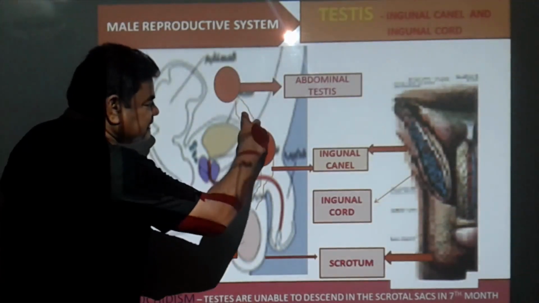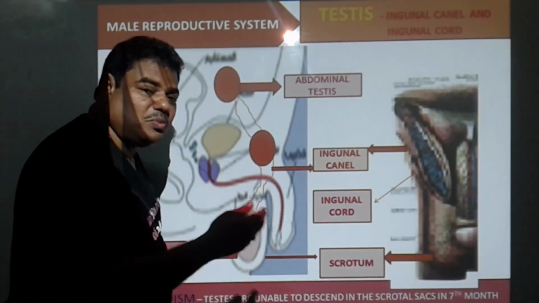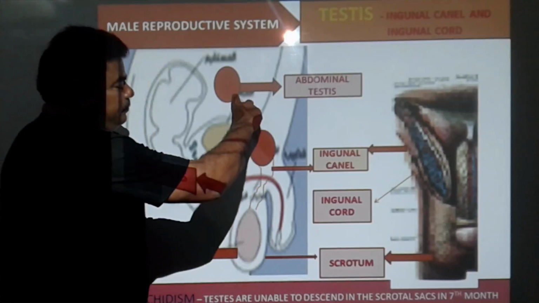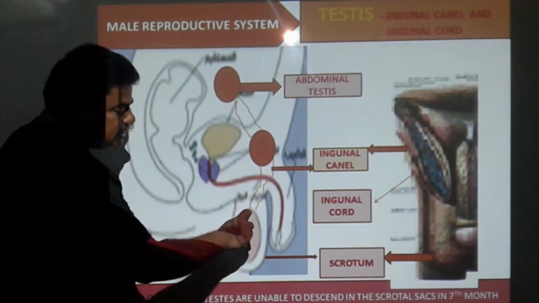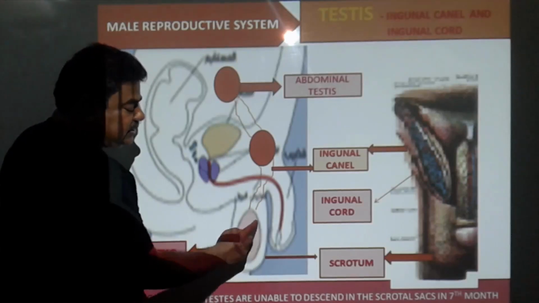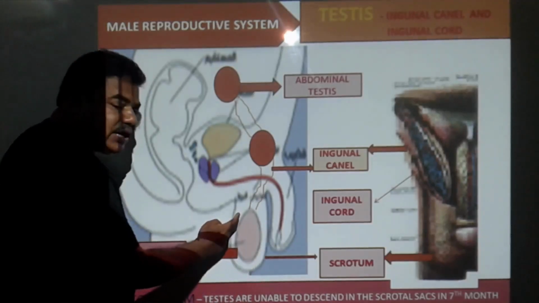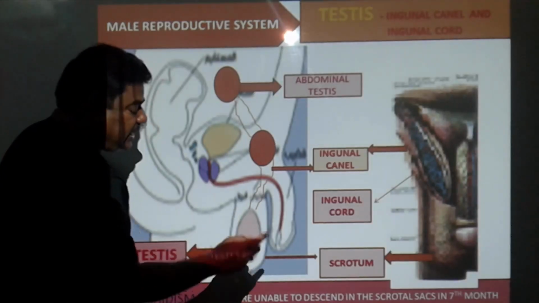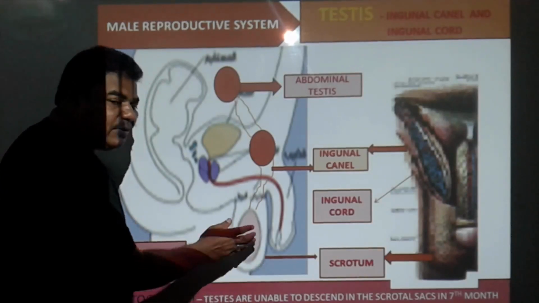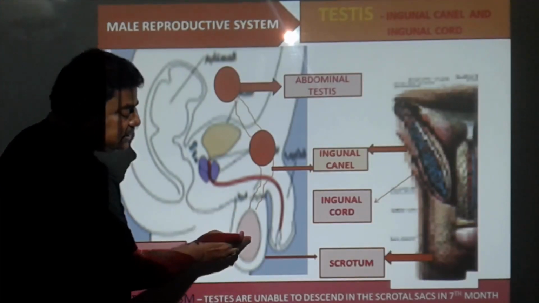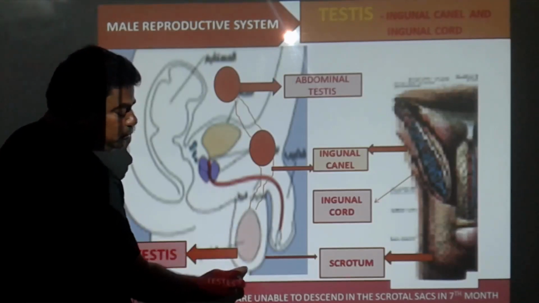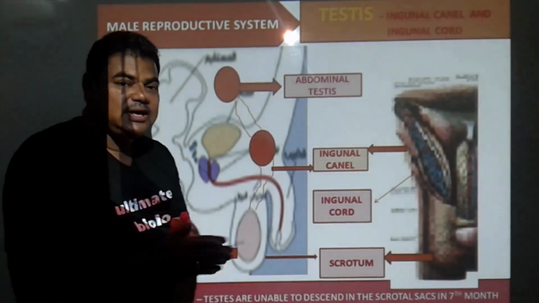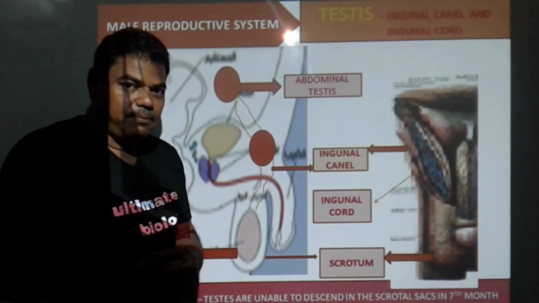Now once the testes, in the case of the human male, descend here into the scrotum, which is outside the abdominal cavity, they remain outside the abdominal cavity in the scrotum due to a special type of tissue developed here. That tissue we call the gubernaculum.